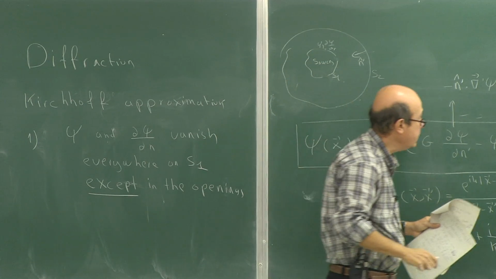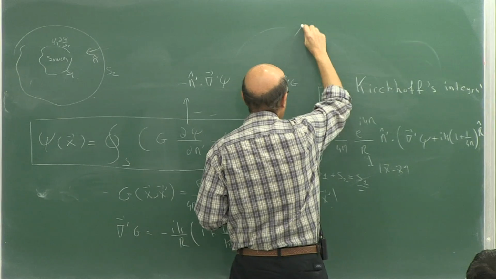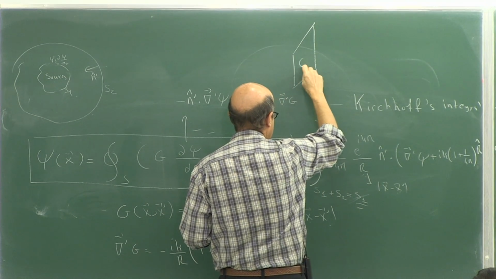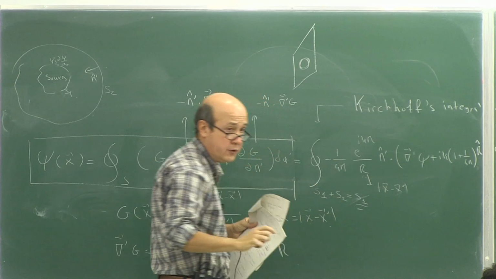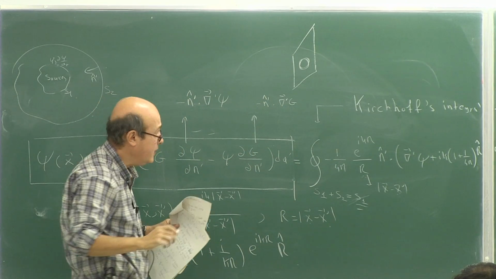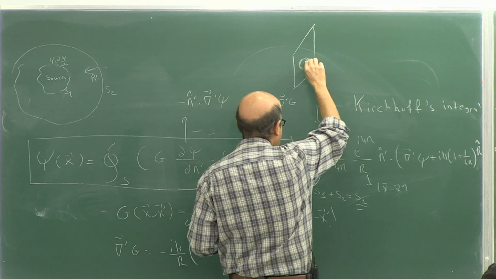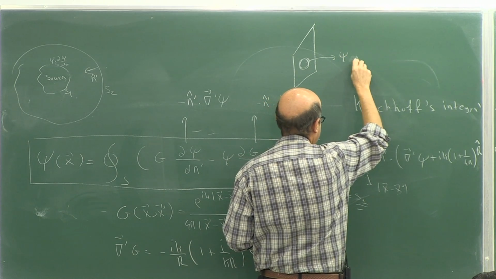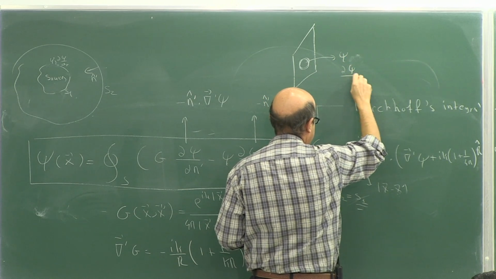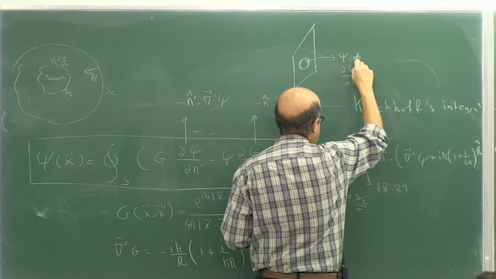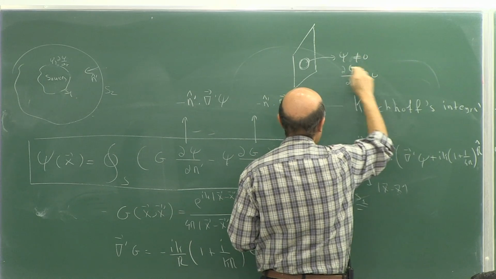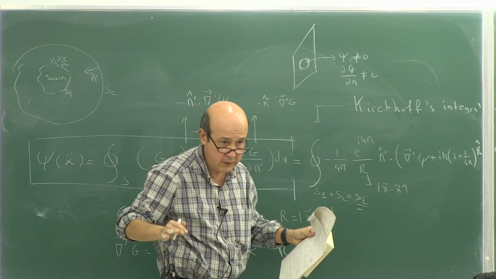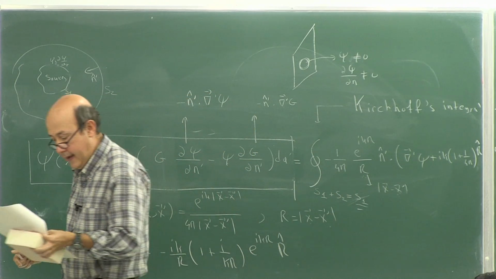If you think about an infinite plane with a circular hole, that means phi and del phi over del n should be non-zero at this opening, but zero everywhere else.